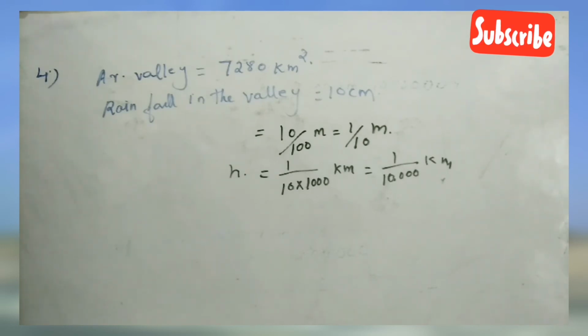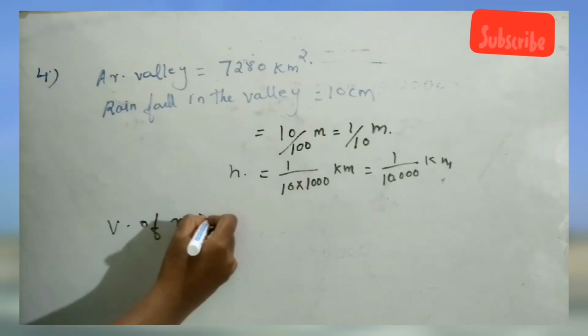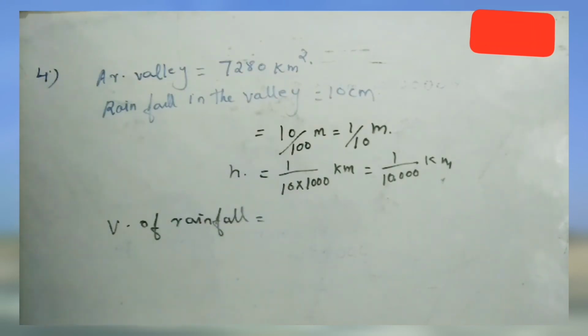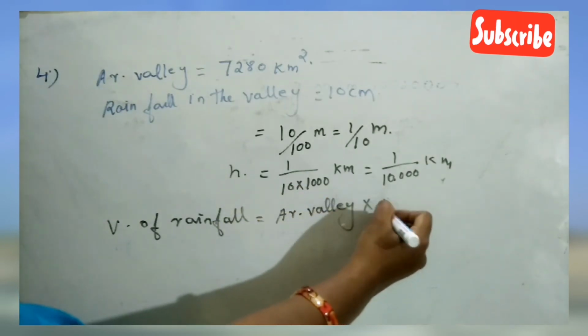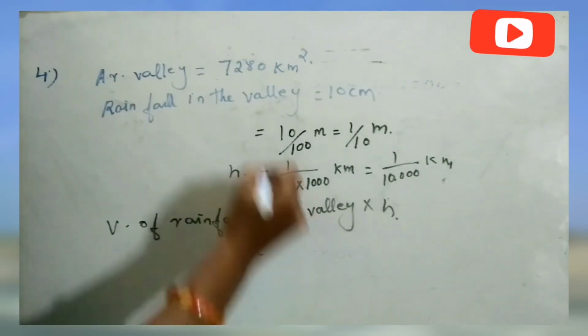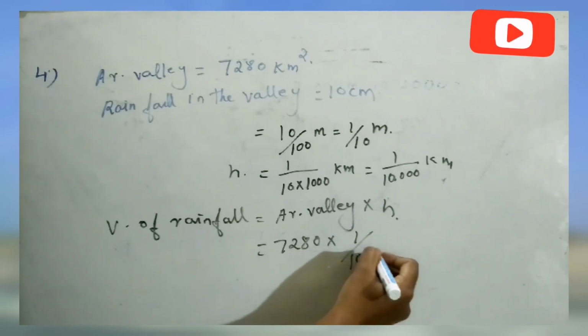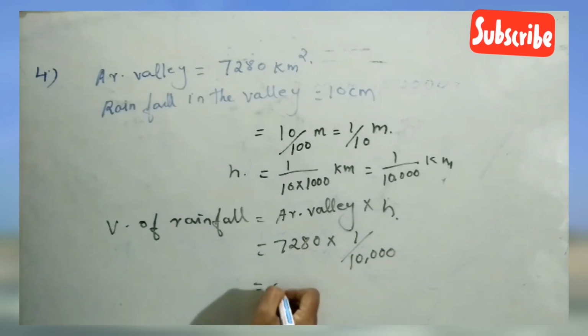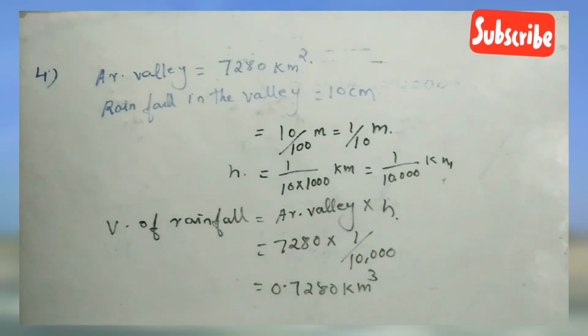So, volume of rainfall is equal to area of valley into height, and what is area? 7280 into 1 by 10,000 is equal to 0.7280 kilometer cube.